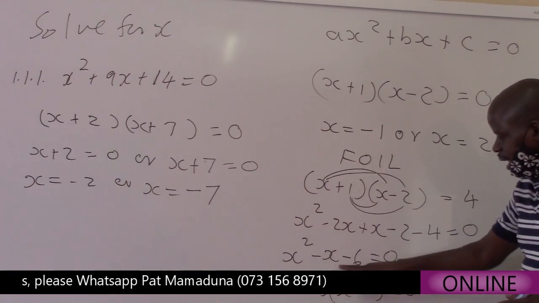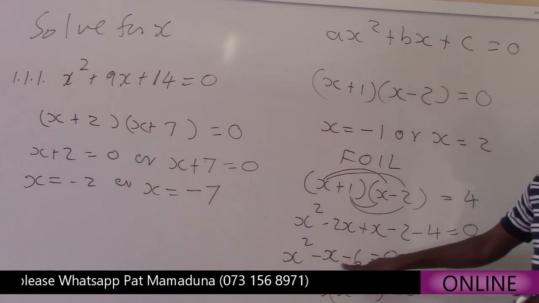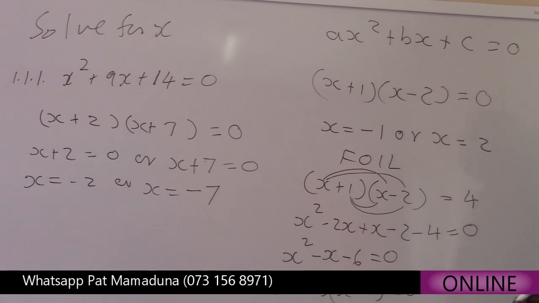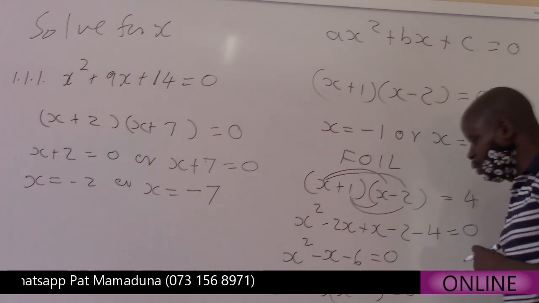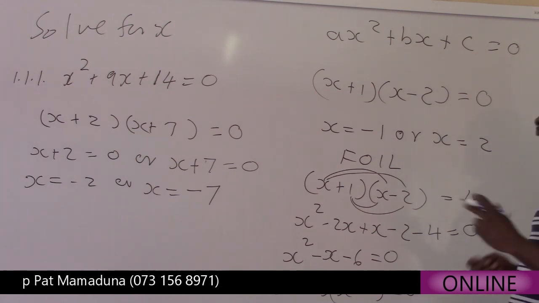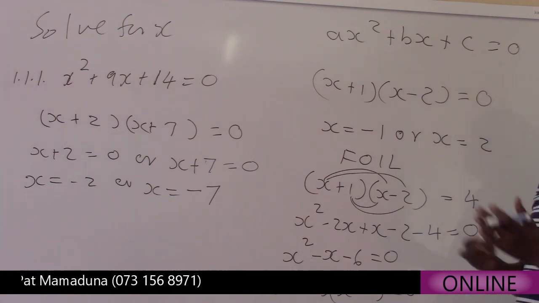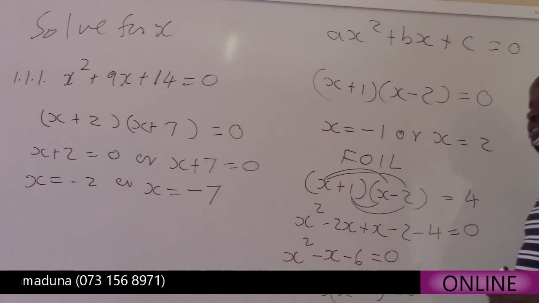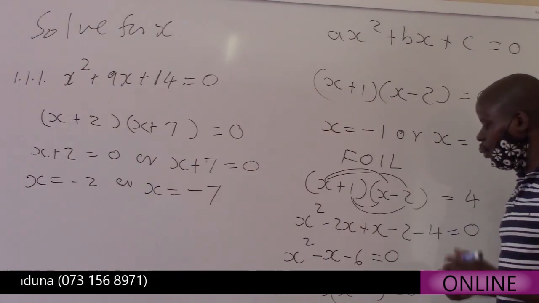But the sign there is negative. We are governed by the sign of the last term, which is our constant. If the sign there is negative, it means one factor should be negative and the other one should be positive. That is how we factorize.